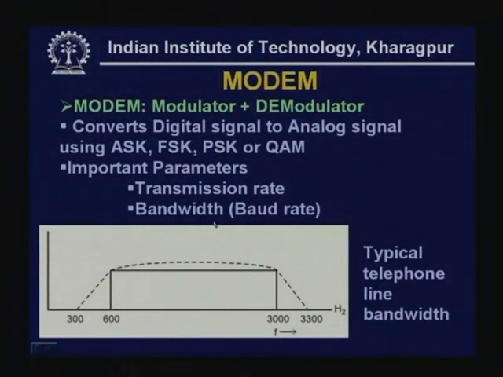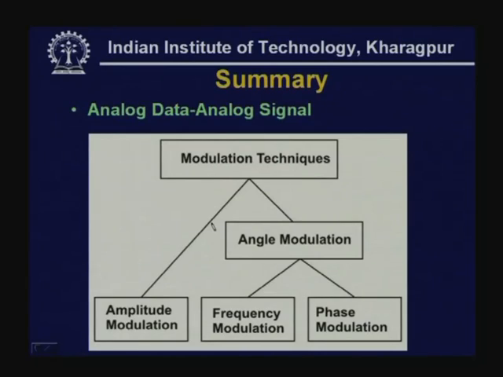So, modems have many applications. So, this digital to analog modulation technique has found extremely good application in modem. Now, it is time to summarize what we have discussed in the last two lectures.